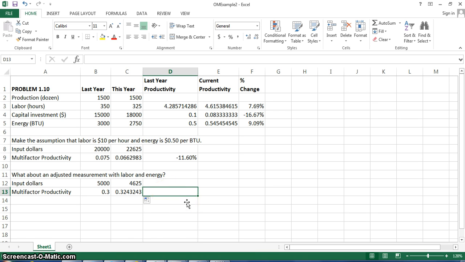We can see that if we just consider the 2 inputs, then multi-factor productivity has increased. The percent change is the current number minus the previous productivity divided by the prior productivity. We'll format this number as a percentage with 2 decimal places.